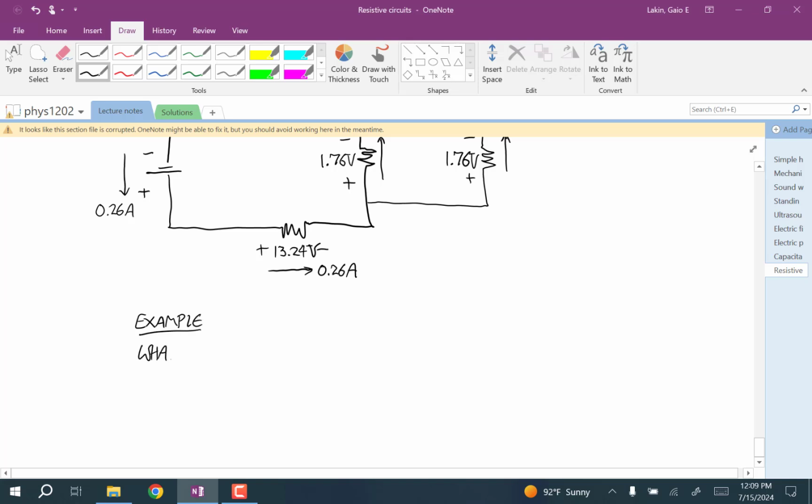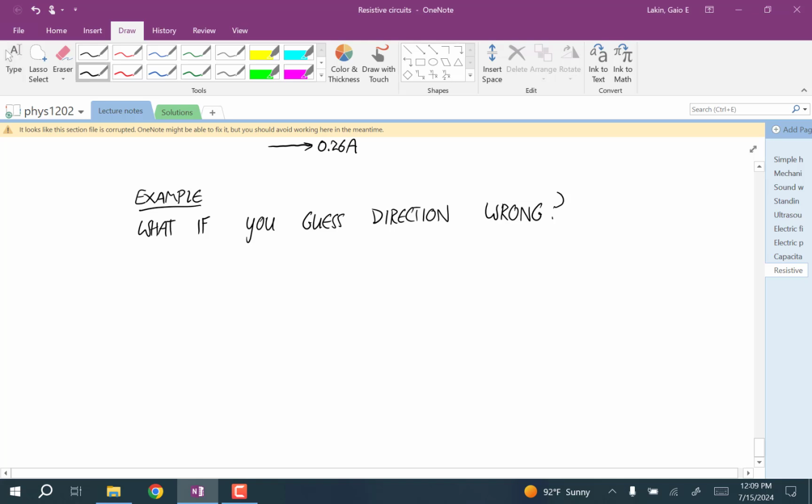So what if you guess a direction wrong? So let's take, I'm going to do somewhere in between the two examples I just did.